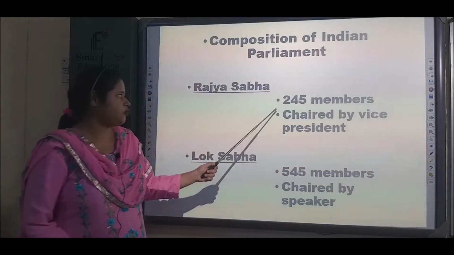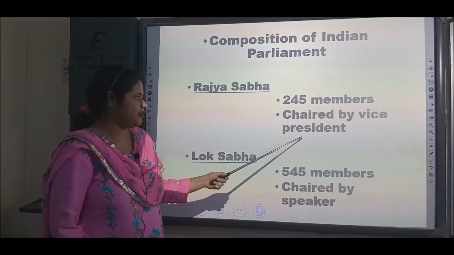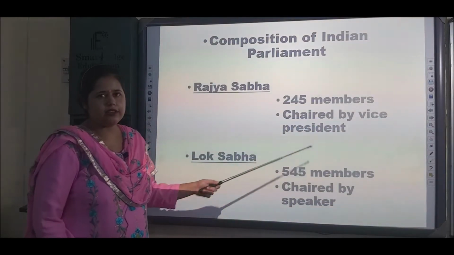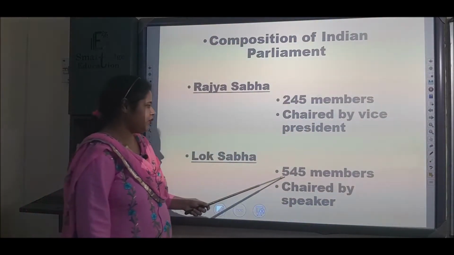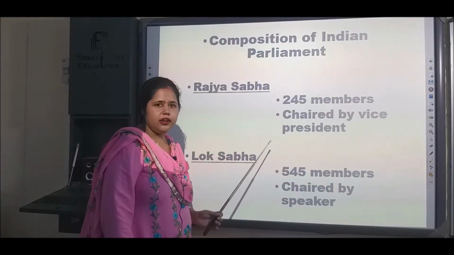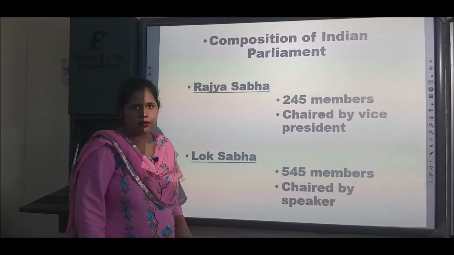Rajya Sabha has 245 members and is chaired by the Vice President. The Indian Vice President is the chairman of Rajya Sabha. And in Lok Sabha, 545 members are there and the Speaker is the chairman of Lok Sabha.